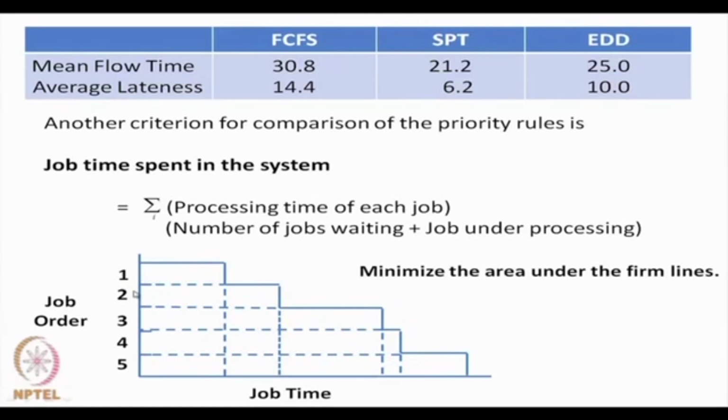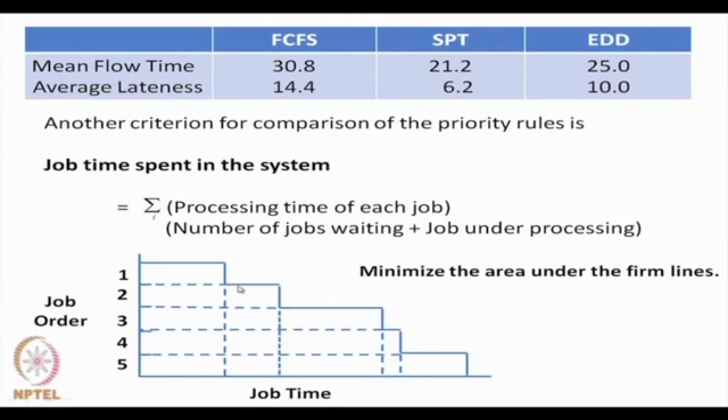Now, for those 12 days, jobs 2, 3, 4 and 5 are all waiting. So, this total area is the time for which all the jobs are in the system for 12 days: waiting time for 2, 3, 4, 5 and processing time for job 1.